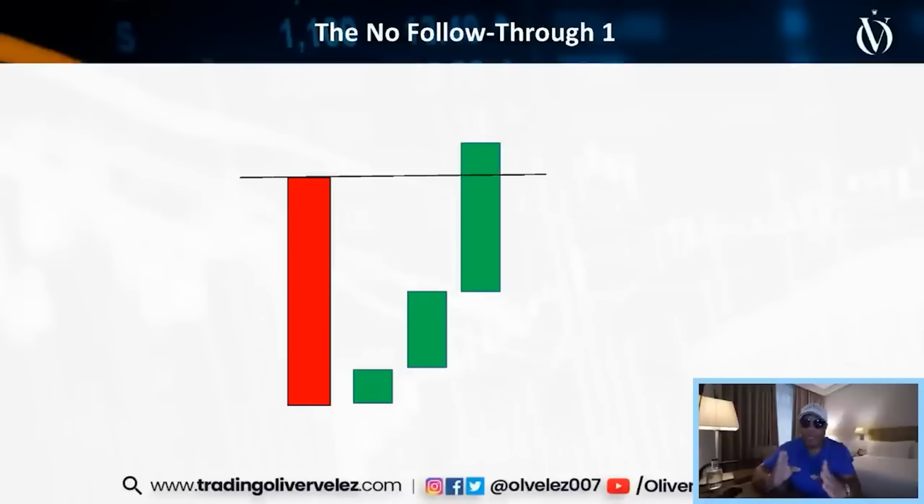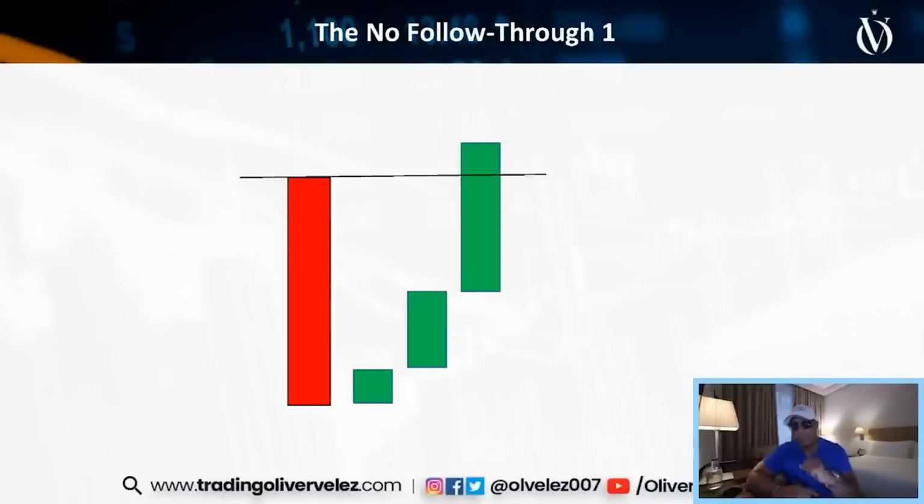So the 3 things that I need you to know that make up this event: 1, a fat red bar. 2, zero follow through, no additional red. And 3, the green completely erases, completely recoups, completely neutralizes the red by trading above the red bar.